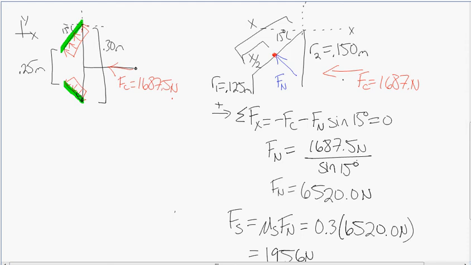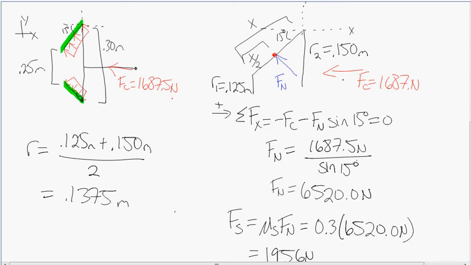And since this resultant normal force and friction all act at this point, which is halfway up the contacting surface of the clutch, it is acting at the radius that corresponds to the average radius between the inner and outer radii of the clutch. So the average radius is 0.1375 meters.